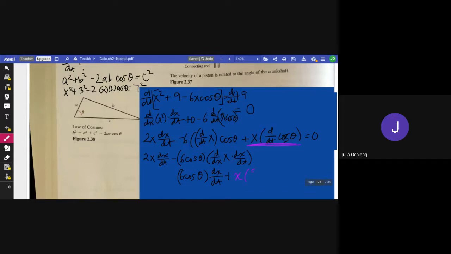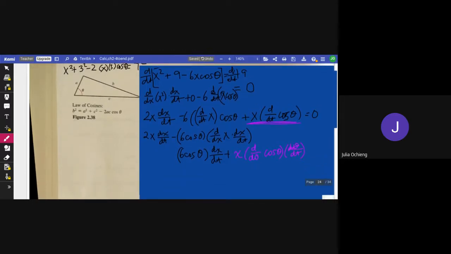So that's going to be derivative in terms of theta of cosine theta times the derivative of theta in terms of time. The derivative of cosine is negative sine theta times derivative of theta over time equals 0.